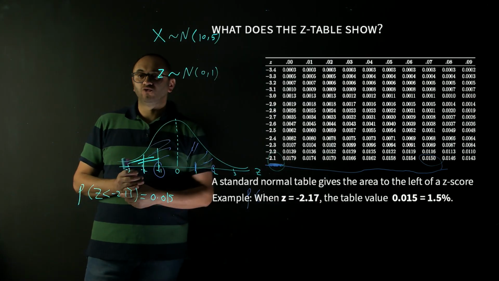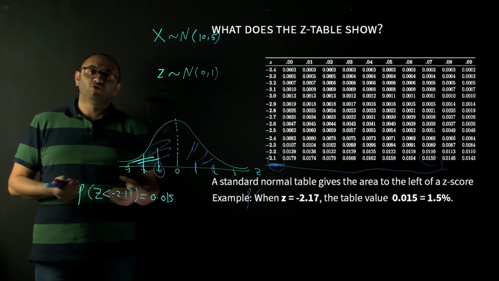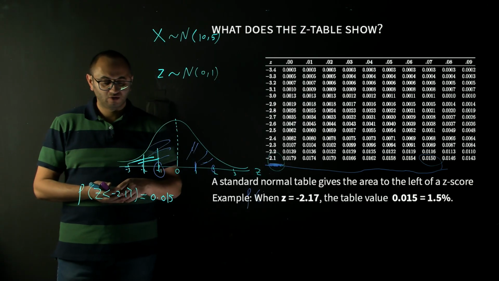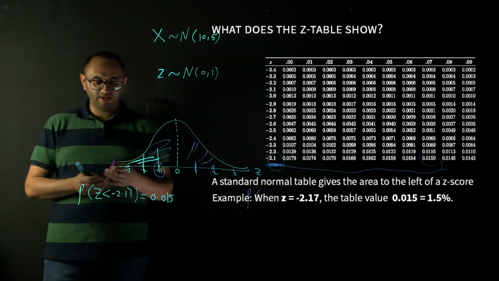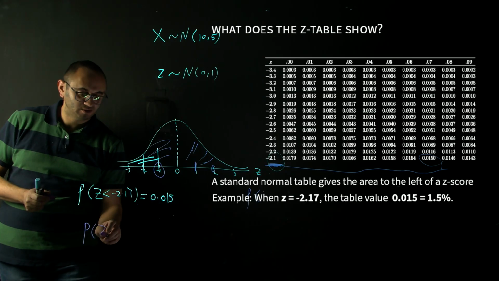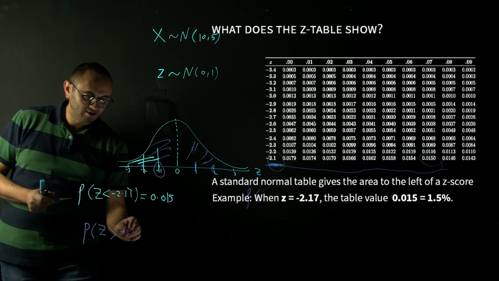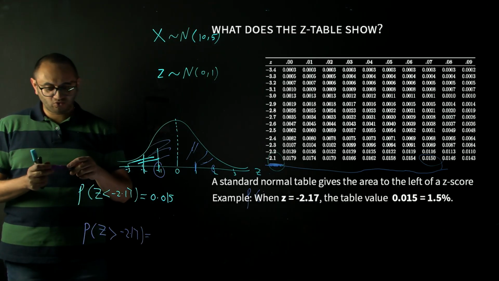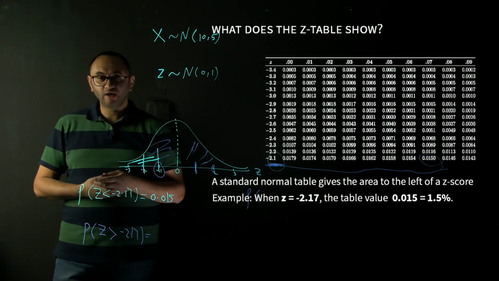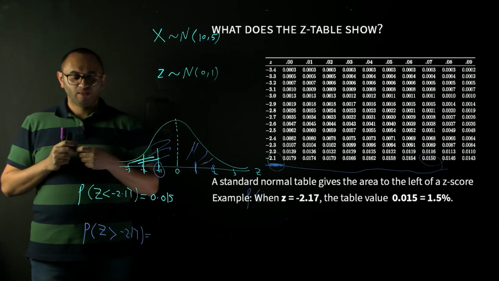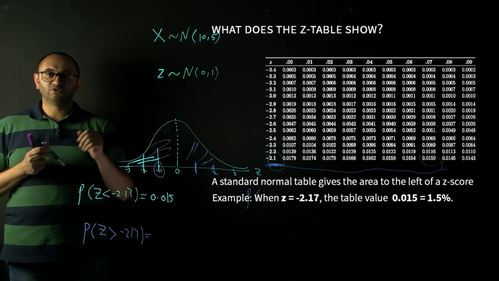Now, if we have a question like, what is probability z is greater than negative 2.17? To answer this question, we have to think about the complement rule, because again, the table gives us the area below.